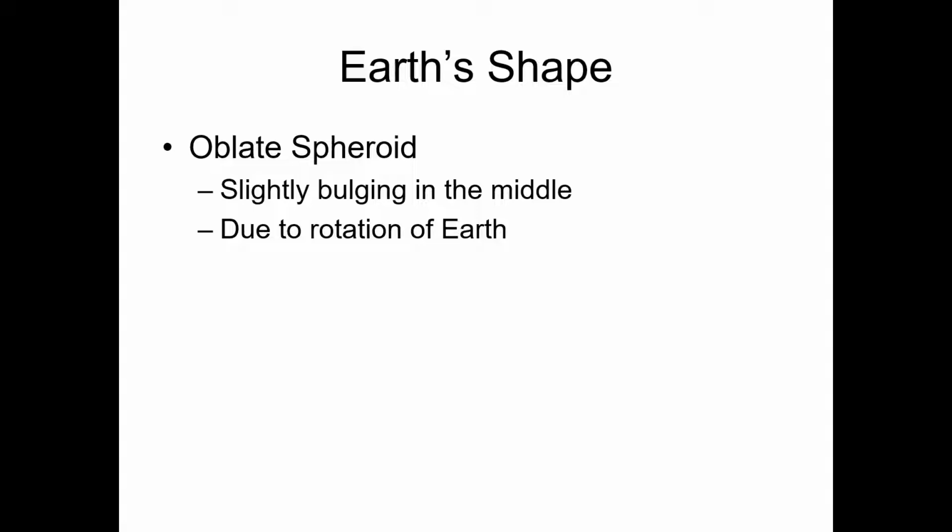So you do need to know the official shape of the Earth is an oblate spheroid. And then you want to know, how do we know this? Because you walk outside and other than having some hills and some mountains and some valleys, the Earth does not look round. The Earth does look flat to me. I agree with you.